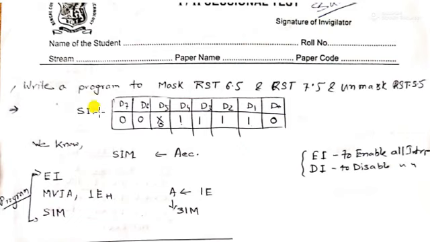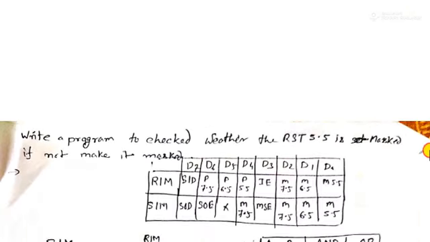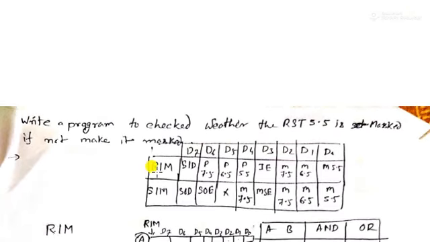So this is the frame format of the RIM and SIM instructions. This is the RIM format, D0 to D7: M5.5, M6.5, M7.5, that means masks 5.5, 6.5, 7.5, interrupt enable, pending interrupts 5.5, 6.5, 7.5, and SID.